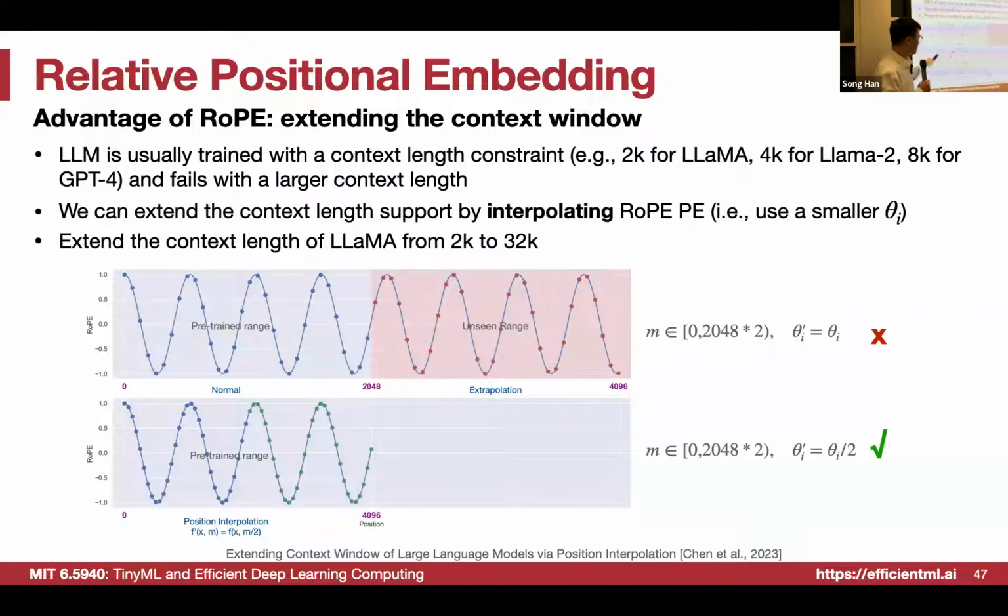You are squeezing 4K points into the same range, rather than rotating by 2 circles. So that's the way to train short and test long.